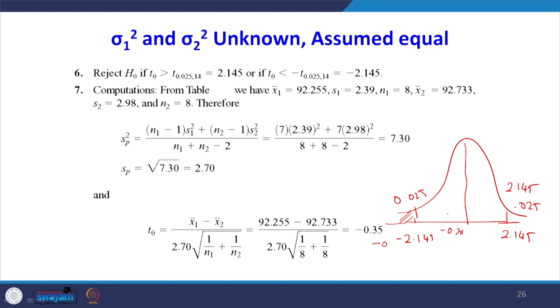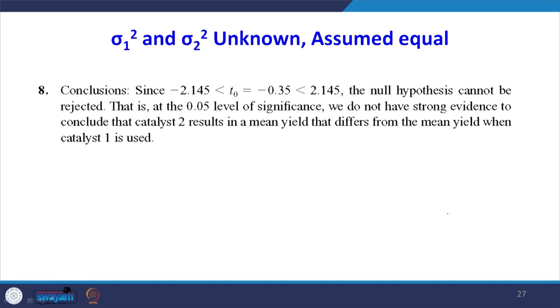So, we accept the null hypothesis. The null hypothesis cannot be rejected; at the 5% level of significance we do not have strong evidence to conclude that catalyst 2 results in a mean yield that differs from the mean yield when catalyst 1 is used.